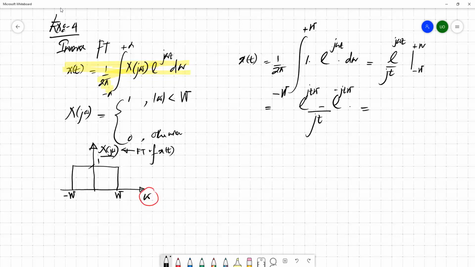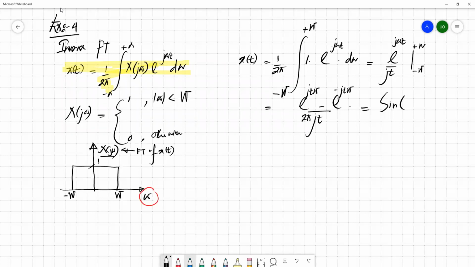Then this equals sine. If you put 2 here, 2 here, and 2 here. Sorry, there's a 2 pi there.